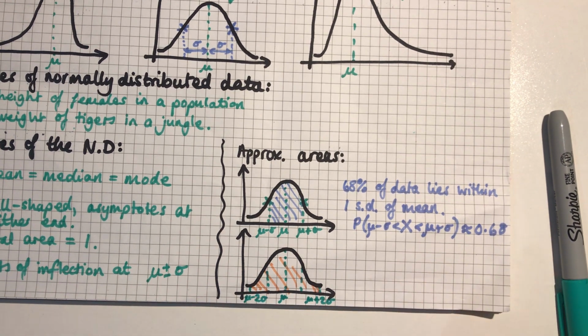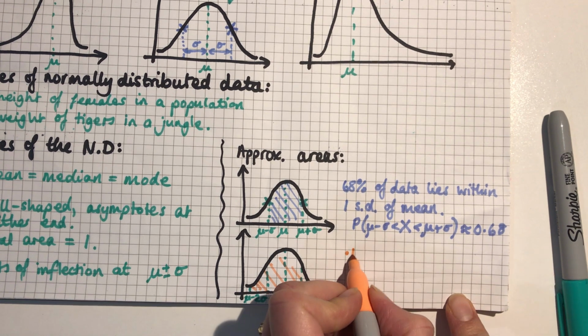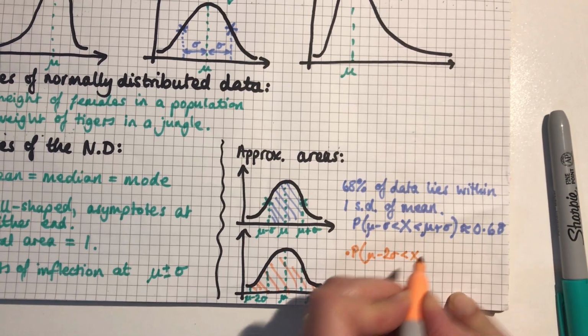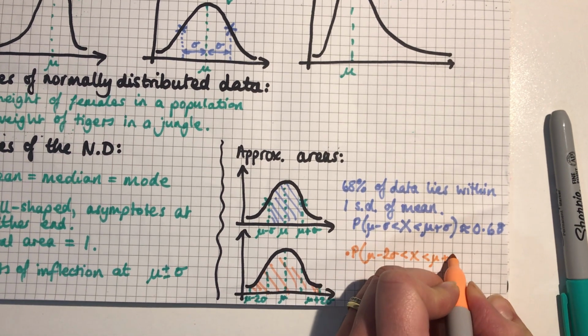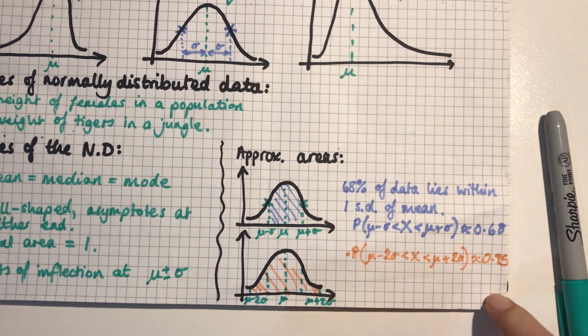And what we know about that area is that about 95% of the data lies within 2 standard deviations of the mean. So let's make a note of that one. The probability that x is between mu minus 2 sigma and mu plus 2 sigma is approximately 95%.